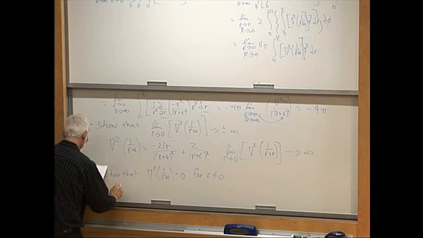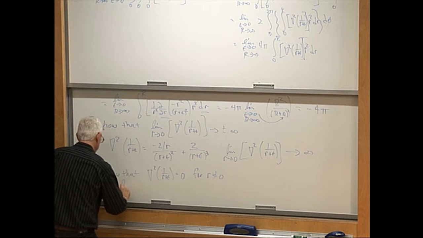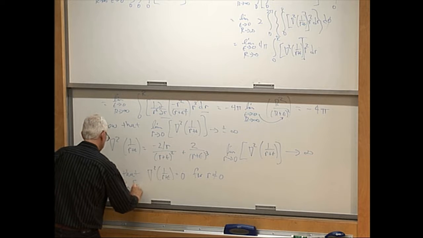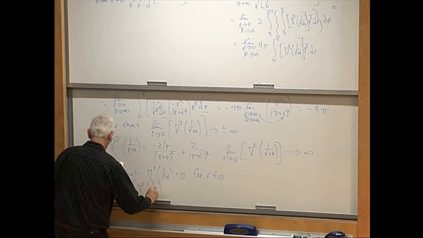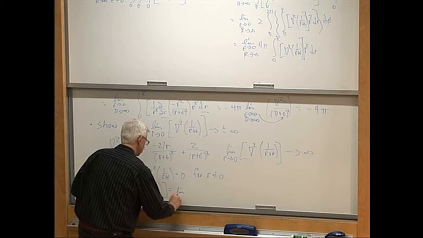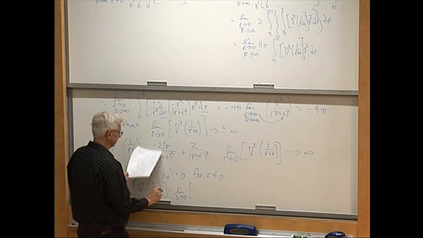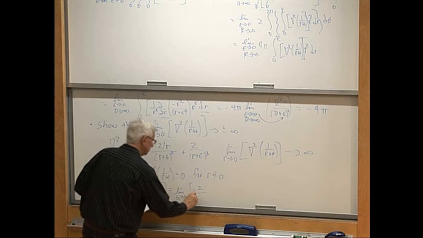For that one, we kind of repeat what we did up here. The limit as epsilon goes to 0 of del squared 1 over r plus epsilon is equal to the limit as epsilon approaches 0 of minus 2 over r cubed.